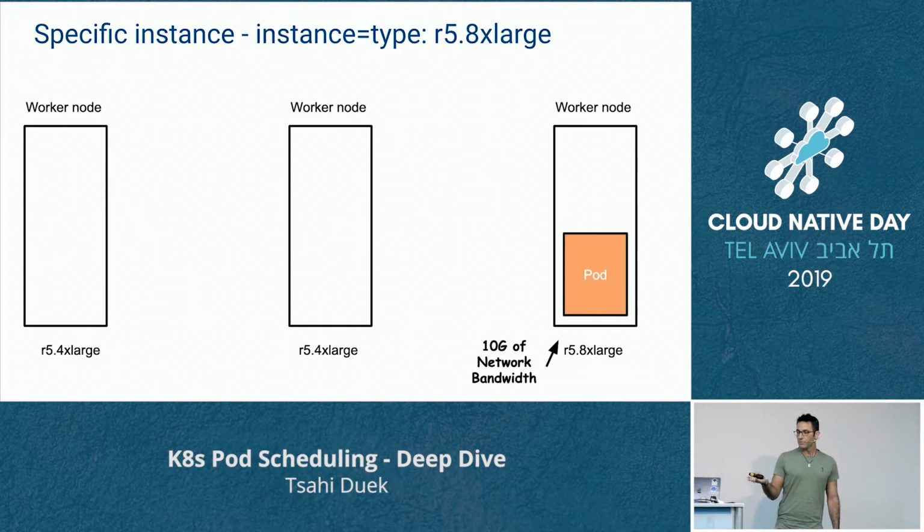So the first one is, what if I want to address a specific node? For example, my application needs 10 gigs of network bandwidth, and this comes only with R8 large instances. And I want my application to run only on nodes that have this specific attribute.